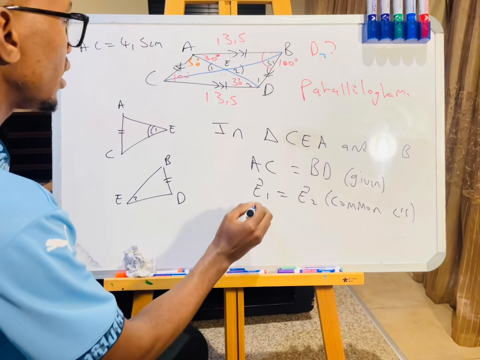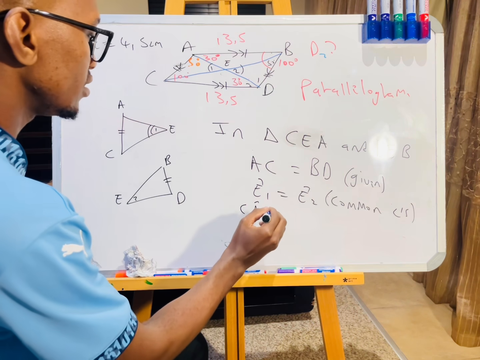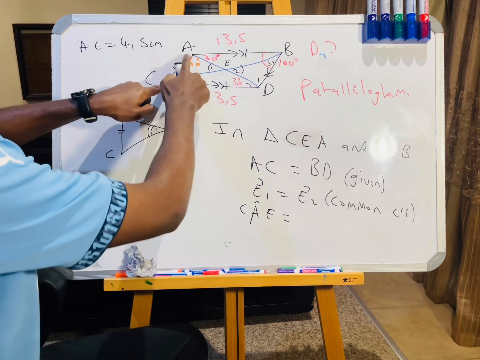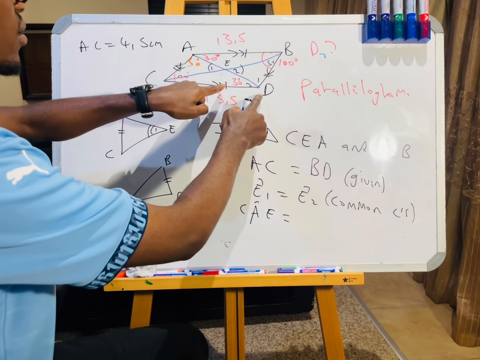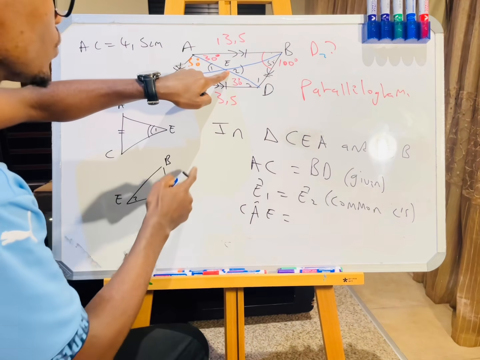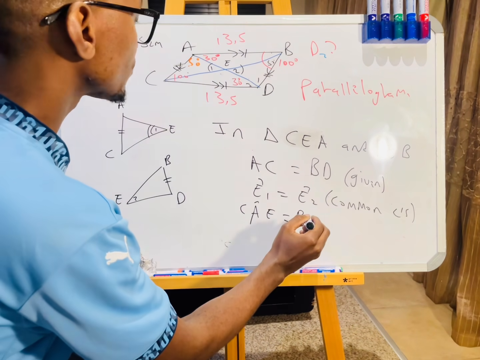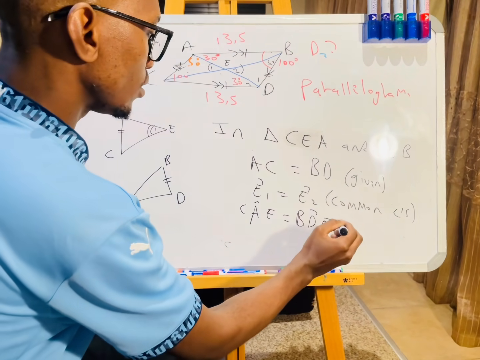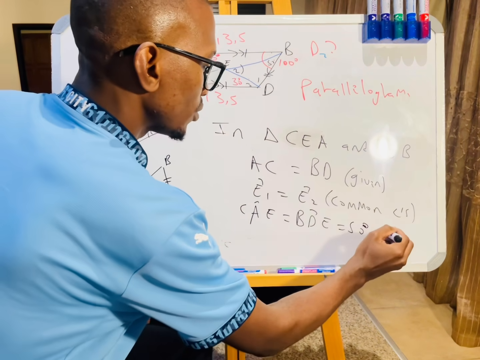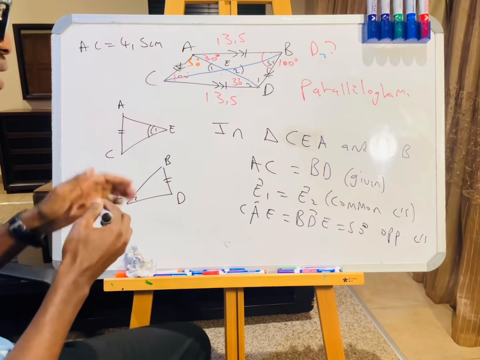Someone can also say angle CAE and angle BDE are all equivalent to 50 degrees, opposite angles of a parallelogram. That's also your reason.